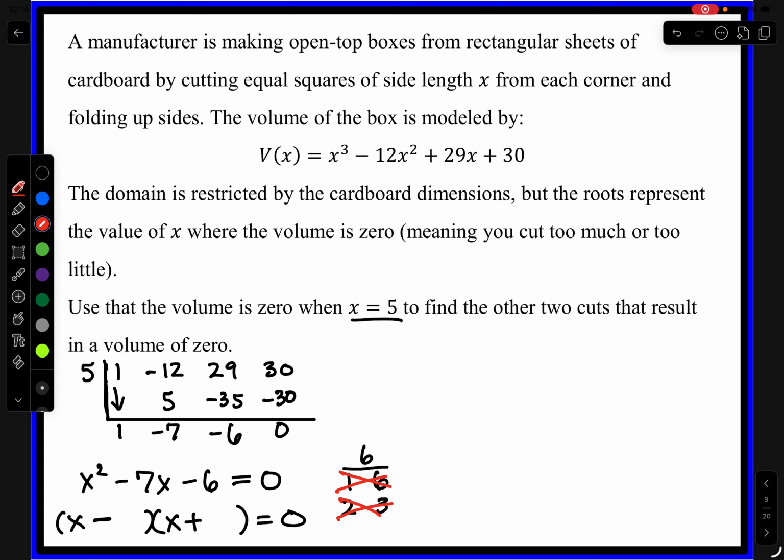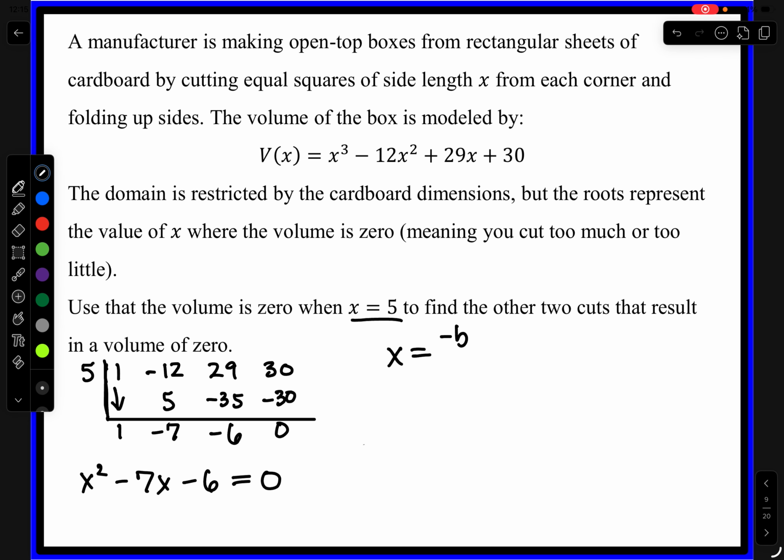None of the combinations of the factors of 6 add up to give me that middle number. So what this means is that this is not factorable, and using this technique is going to be a waste of time. So let me scratch this out, and what we're going to do instead is use the quadratic formula.